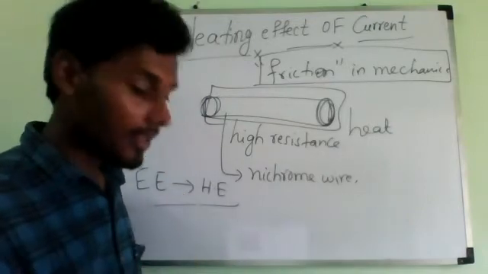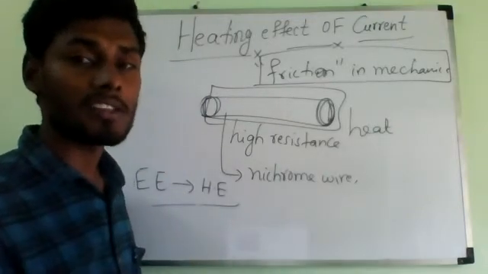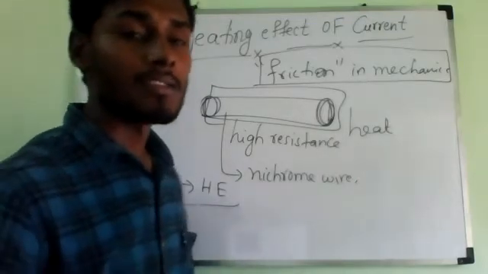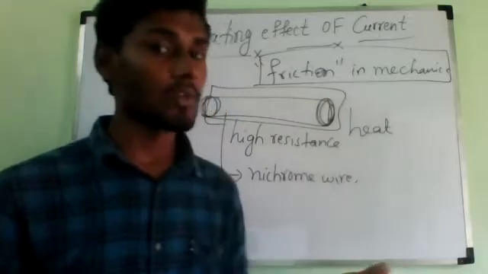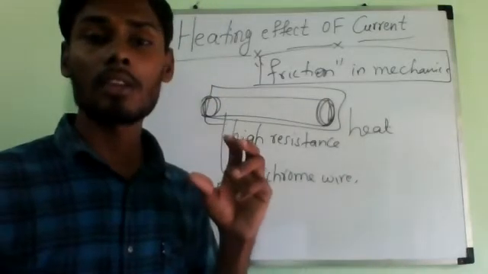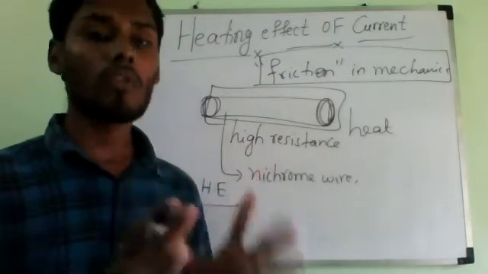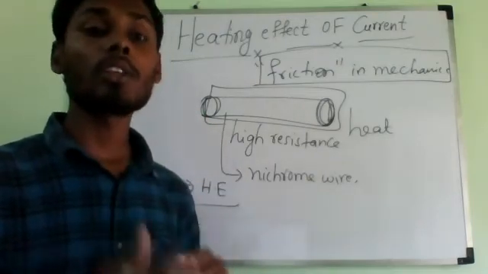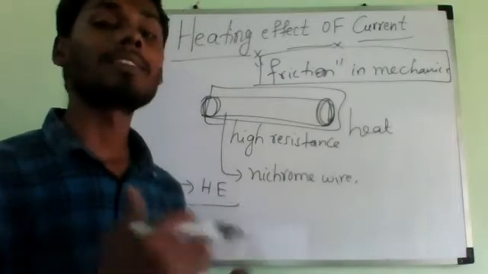Understand? Since we know that every resistor is a conductor and every conductor has some resistance, a resistance wire offers resistance to the flow of current. So work must be done by the current continuously to keep itself flowing.